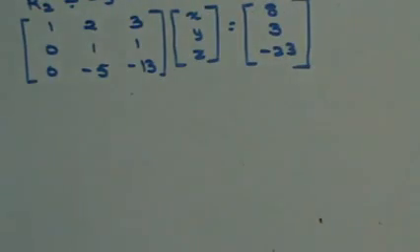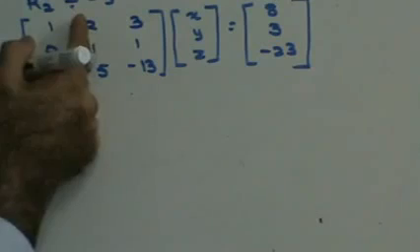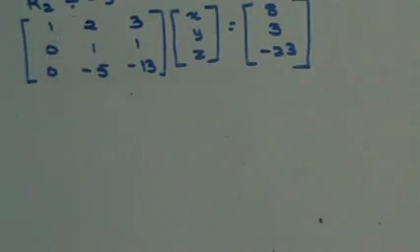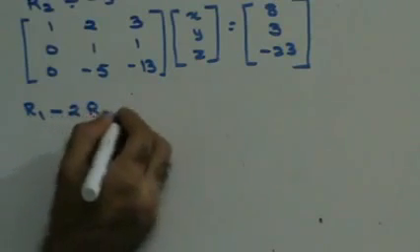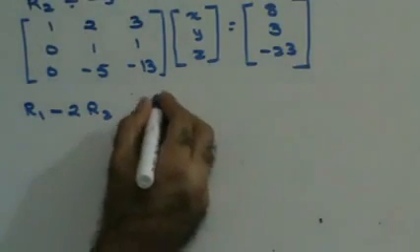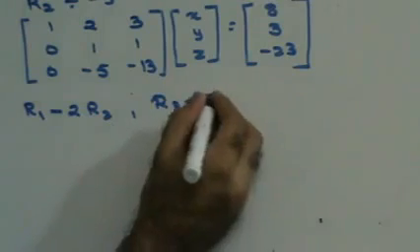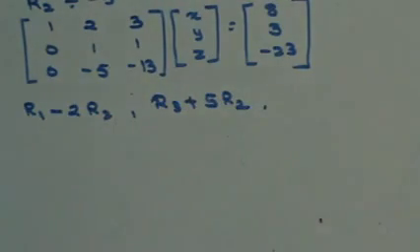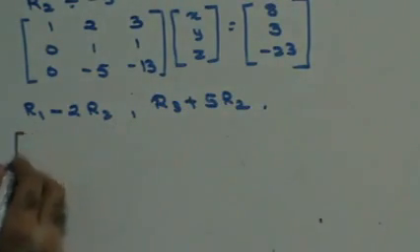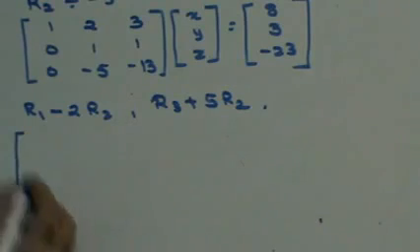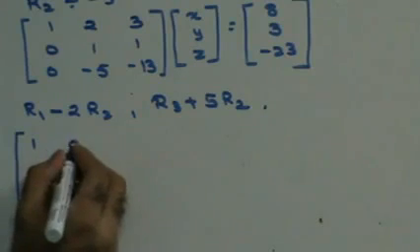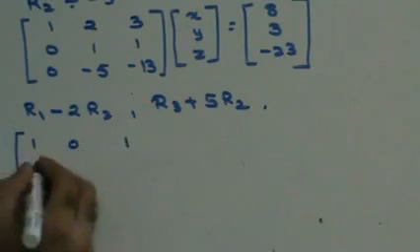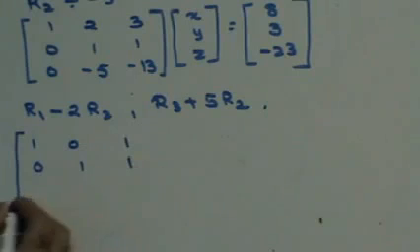Right? Now, once you have this, I need to make the number in the 4th and the 6th position as 0. So this is going to be R1 minus 2R2 and R3 plus 5R2. So R1 minus 2R2: 1 minus 0, 2 minus 2, 0, 3 minus 2, 1; 0, 1, 1.